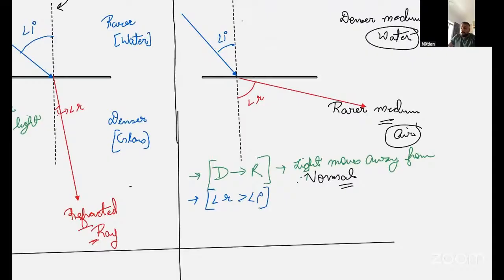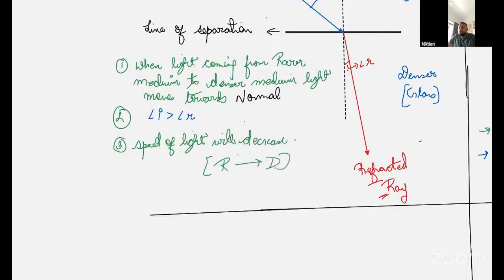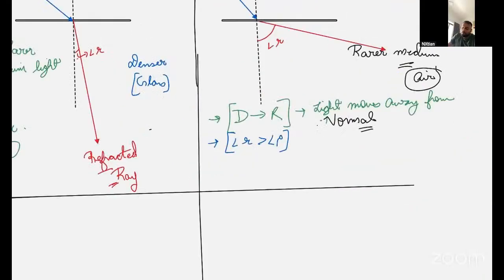And the third observation is that the speed of light will decrease when it is coming from rarer to denser, as we learned in the above theorem.